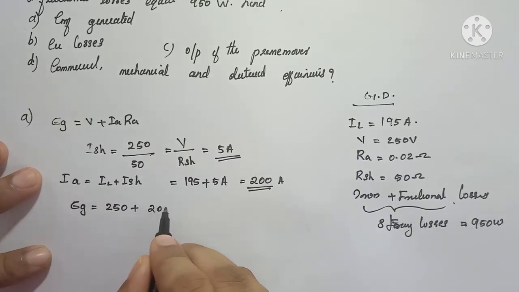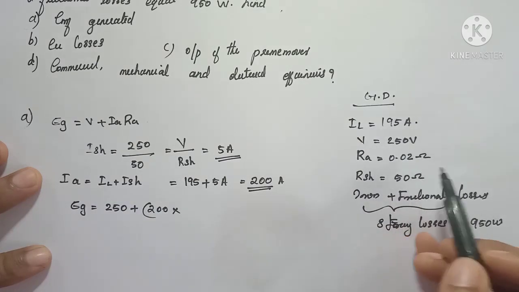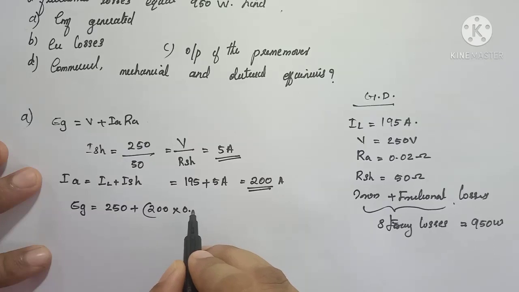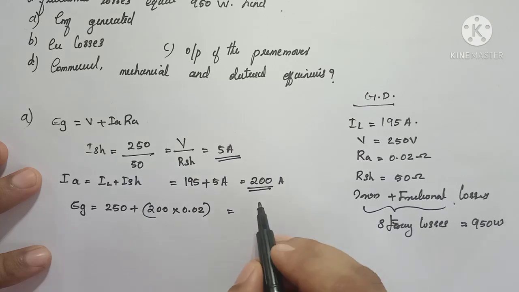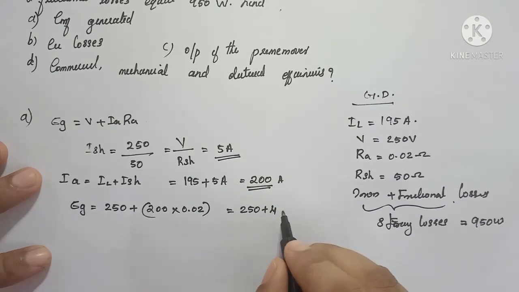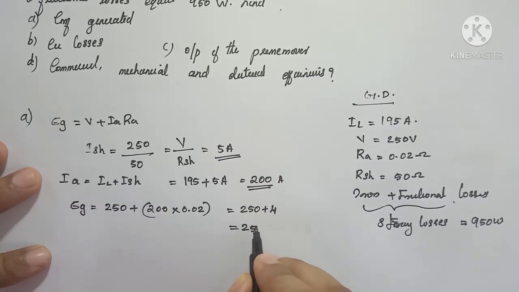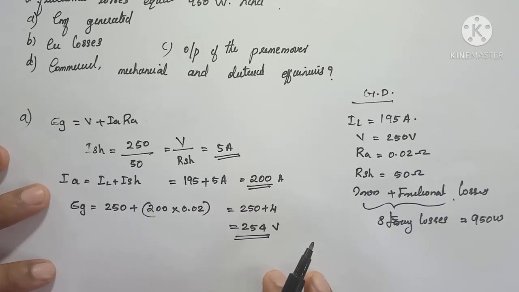Ia is 200 and Ra is 0.02. We will get 250 plus 4, that is 254 volts, the generated voltage.